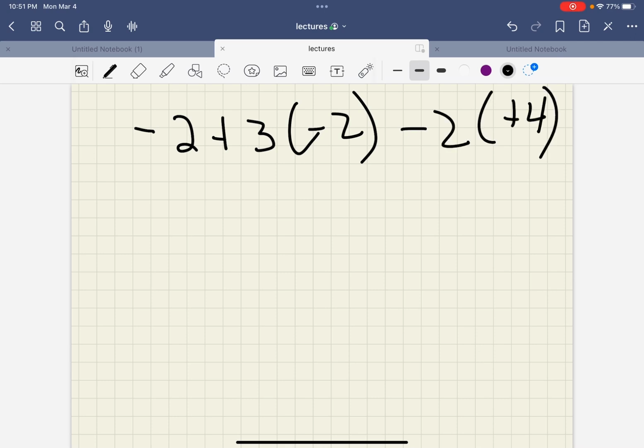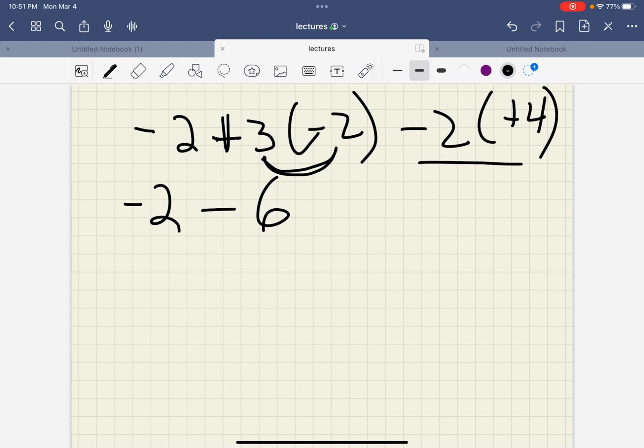Okay, so we've got to remember the rules for multiplying signed numbers. Remember, like signs are positive and unlike signs are negative. So this is just one sign, just bring it down. And then bring down, this is positive 3 times negative 2. Remember, the sign that's in front of the number goes with it. So a positive times a negative is a negative, and 3 times 2 is 6.